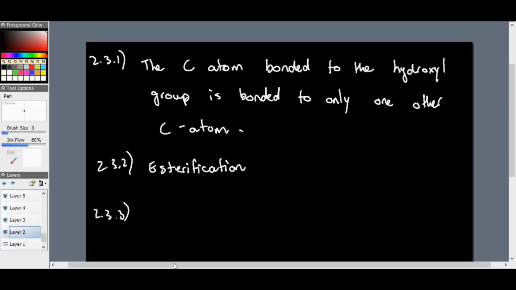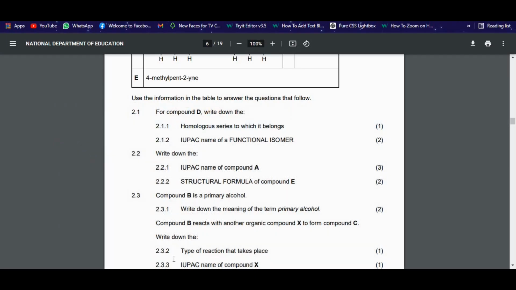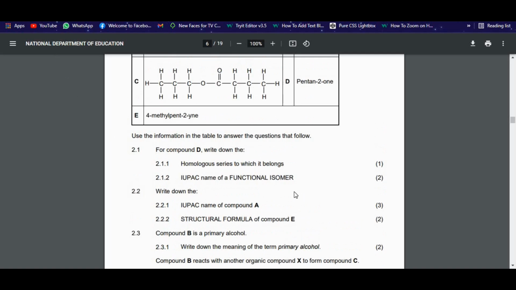The last one, 2.3.3, I think they asked for the name of compound X. So in other words, an alcohol plus what gives us an ester? We know it is a carboxylic acid. All right, so we need to determine the name of the carboxylic acid.